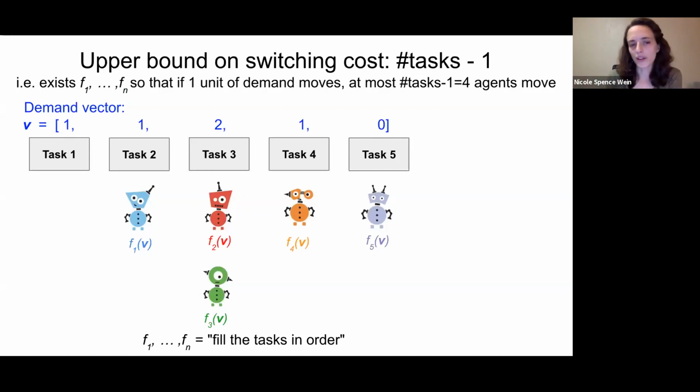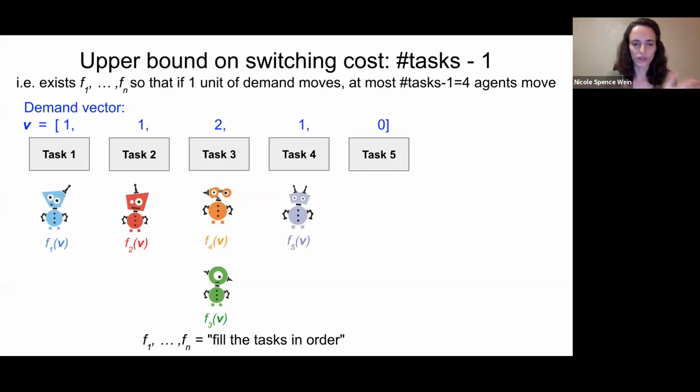Now, what is the new allocation going to be? Well, we're again going to be filling the agents in order. But this time, task 1 has 1 unit of demand, so agent number 1 has to go into task 1, and similarly agent number 2 has to go into task 2. So they're all going to shift over by 1.